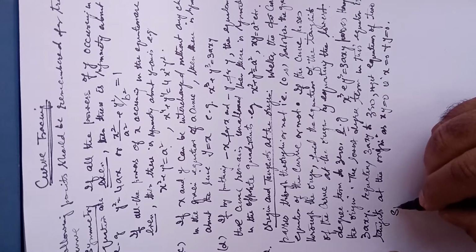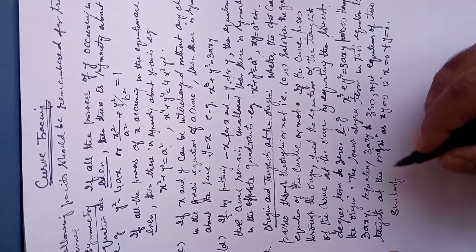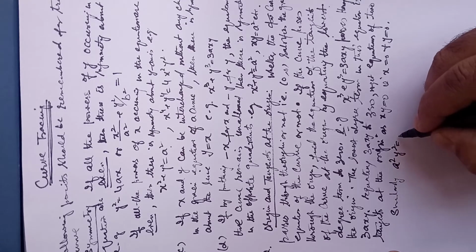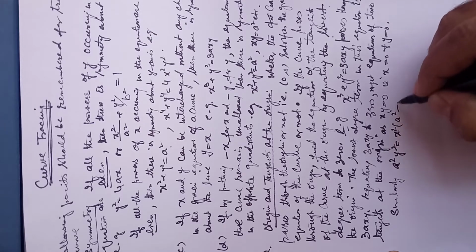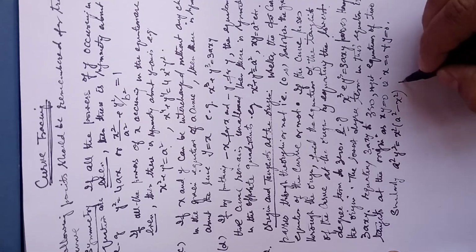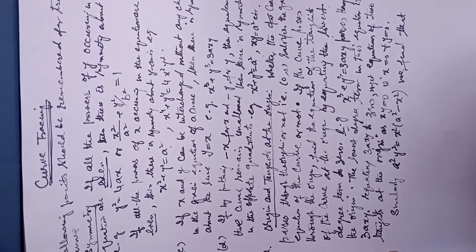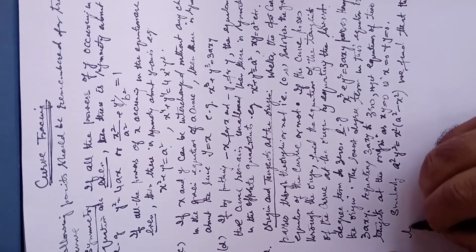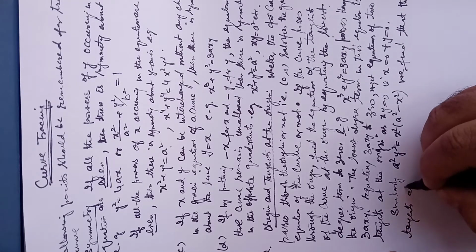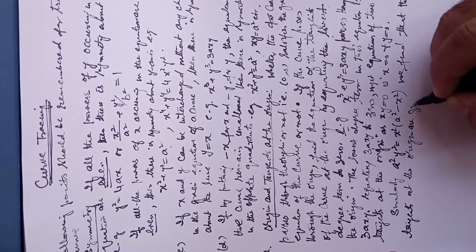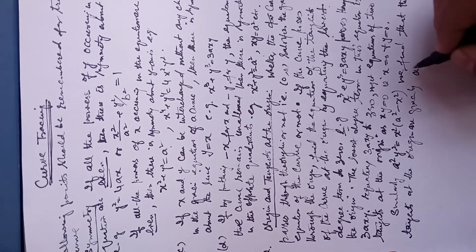Similarly, if we have an equation, say a square y square equal to x square into a square minus x square, we find that tangents at the origin are given by a square y square minus a square x square equal to 0.